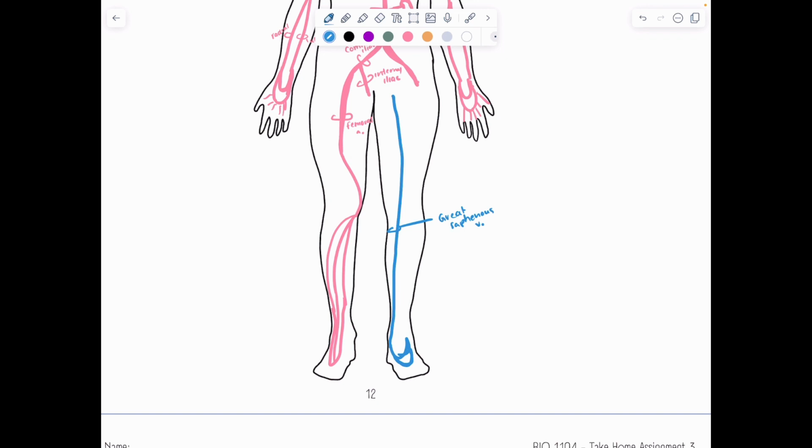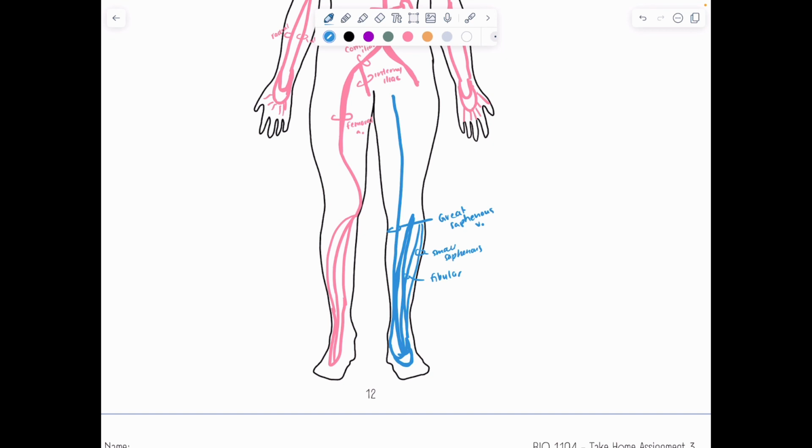Now all the way laterally, we have our small saphenous. And then next to that, we have our fibular. And then we also have an anterior and posterior tibial.